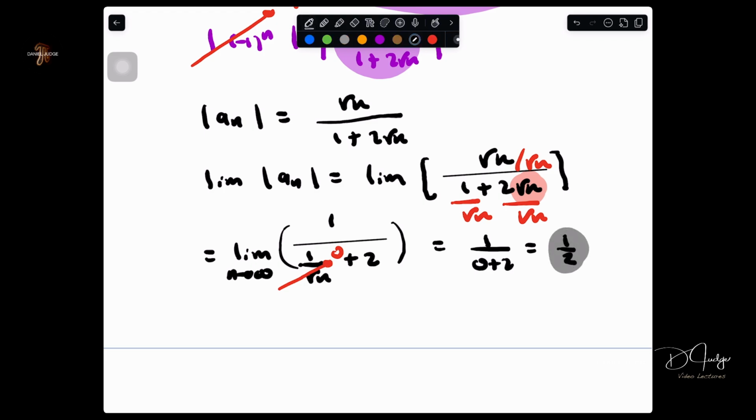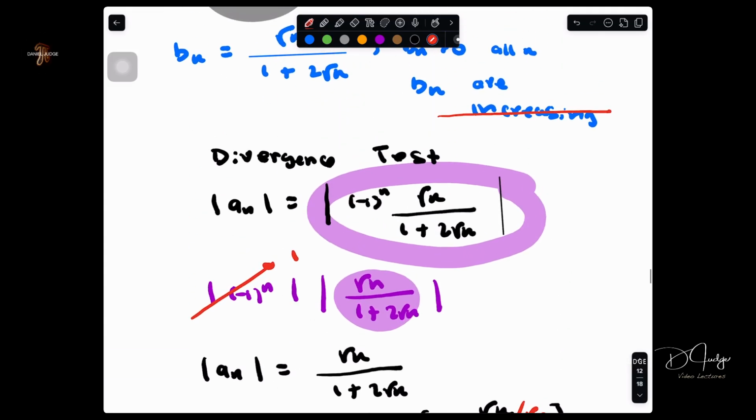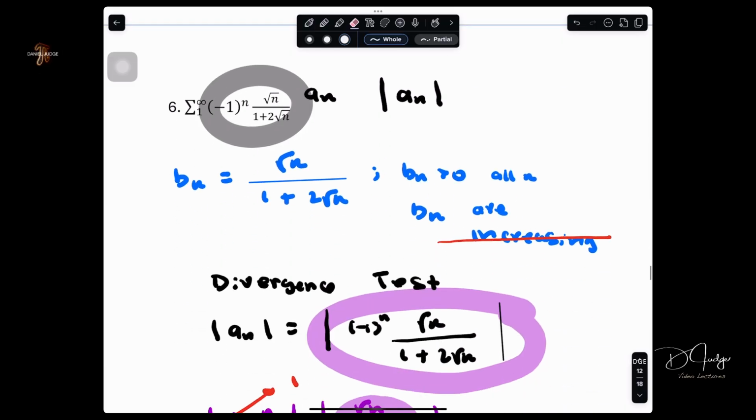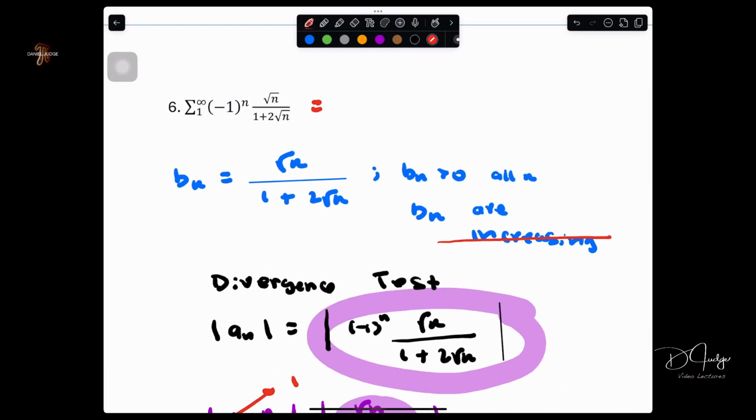That limit is not 0. So if the limit is not 0, then that means by the divergence test, this series diverges. So we have a divergent series here.